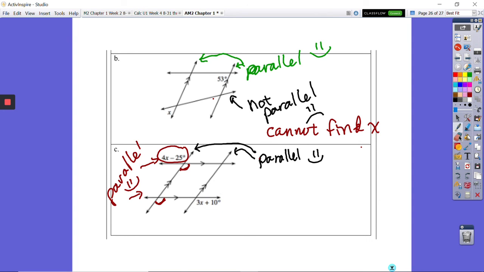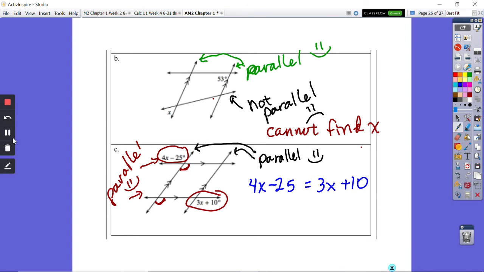So those two are the same. Neat. So since they're the same, I can set up a simple equation. I can say 4x minus 25 equals 3x plus 10. Go ahead and solve that and see what you can come up with for x. I chose not to show my work for solving for x. X is 35. So there you go.